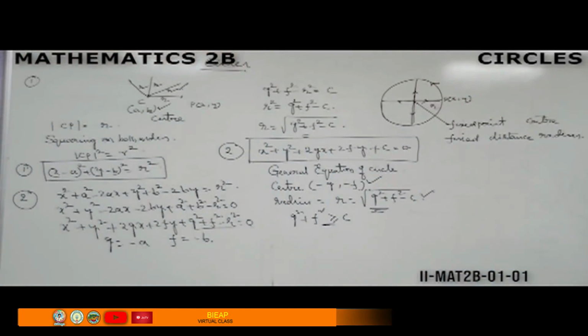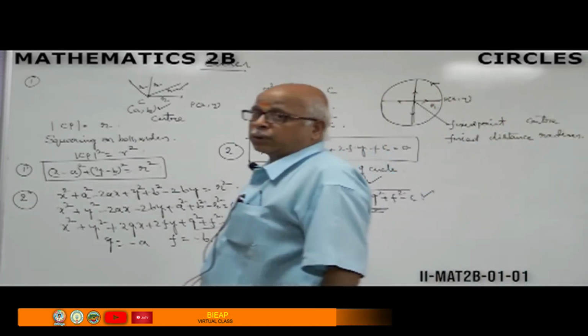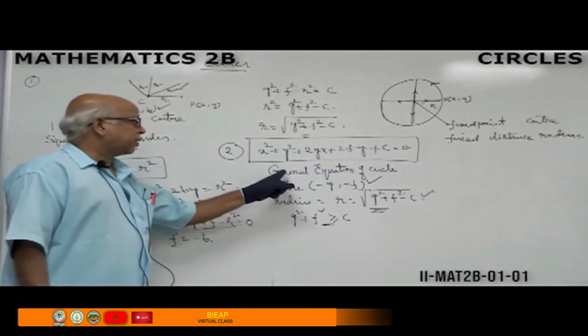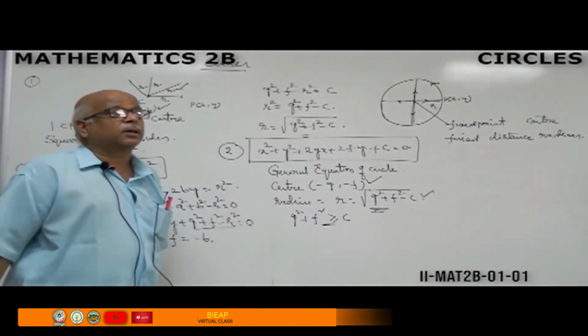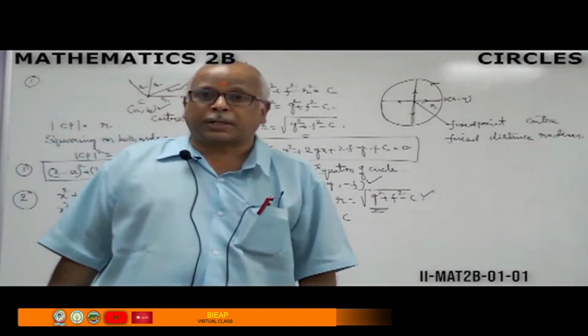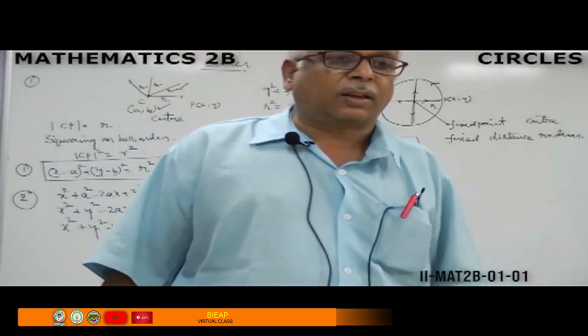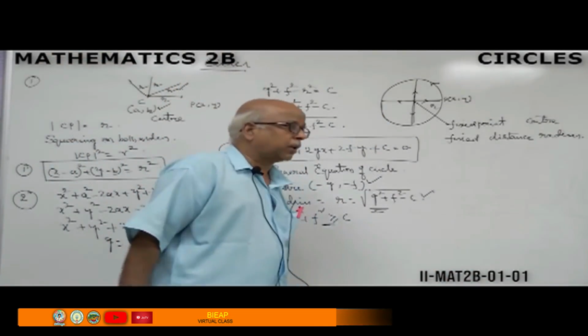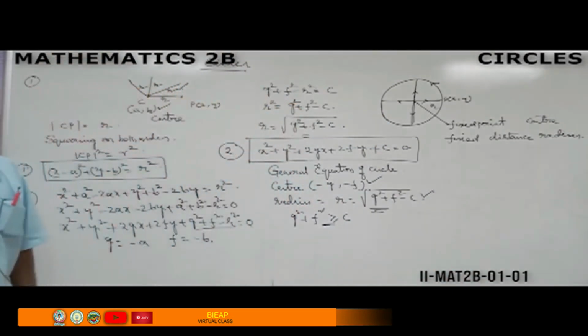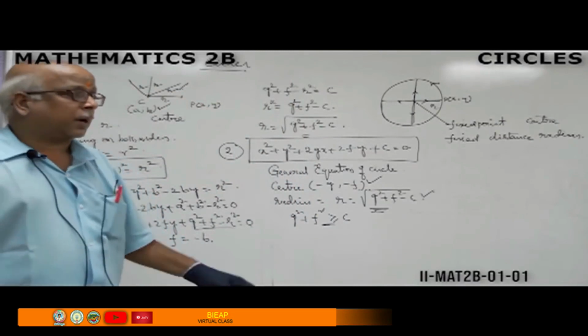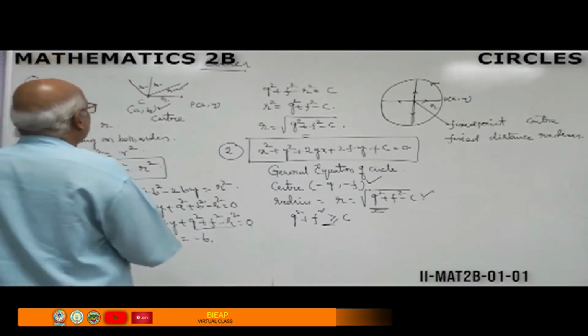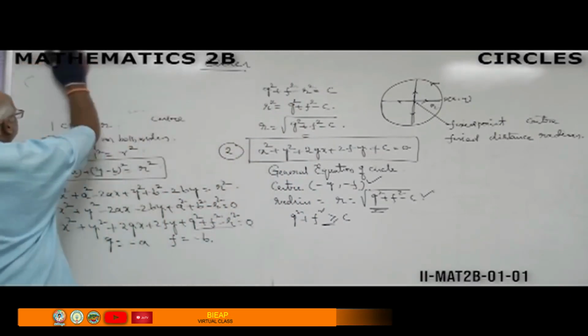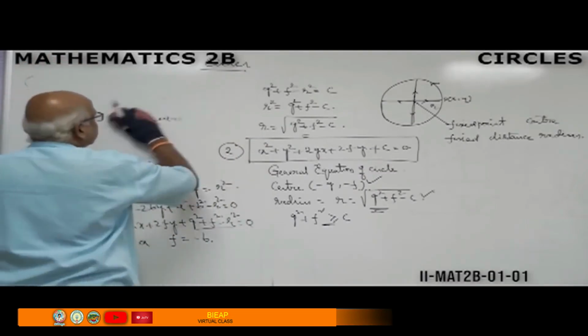Suppose the circle equation is not known to us, we are supposed to assume the circle equation as x square plus y square plus 2gx plus 2fy plus c. Its center is always (minus g, minus f). Radius is always the root of g square plus f square minus c. Next, we shall derive and discuss the third formula.